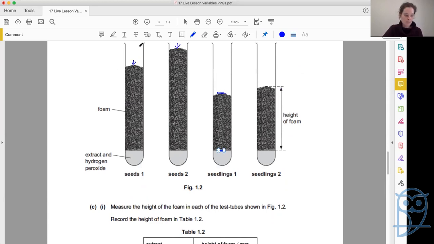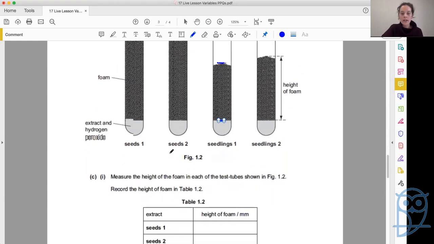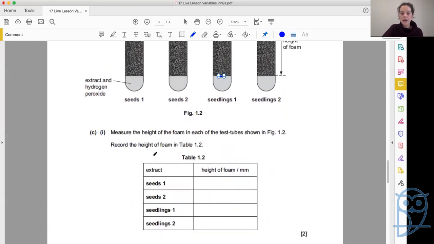If you look at figure 1.2, there's our extract, which is our independent variable. The height of the foam, what we're measuring, is the dependent variable. They tell us to measure in millimeters, so make sure you do that. Remember, you're generally measuring in millimeters when it comes to biology.